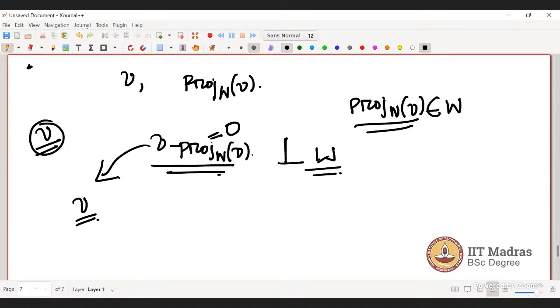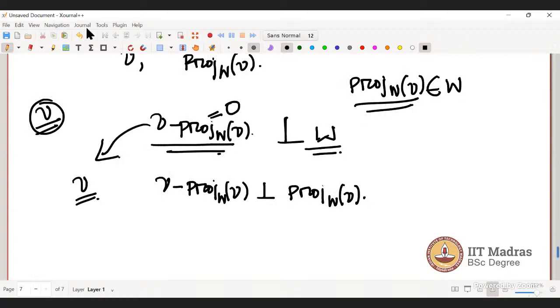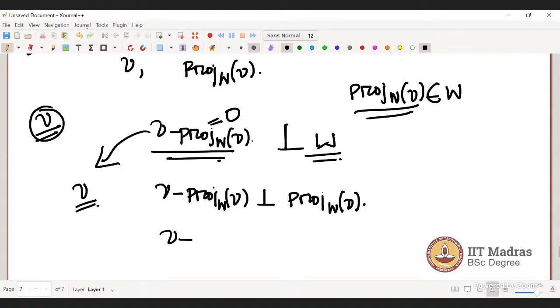Projection of v on w is basically in w. So I agree that this vector is perpendicular to this vector. What I am saying is that projection of v plus v minus projection of v equals v, like a vector addition, right?